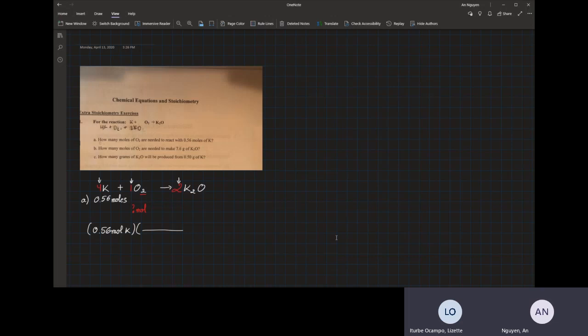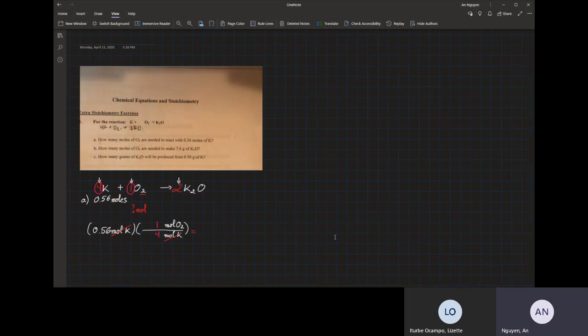And then we would do the conversion. We want moles of oxygen, O2, so we would have moles of O2 on top. We want to cancel moles of K, so we have moles of K on the bottom. And then if you look at the balanced equation, we can see that we need 1 O2 for every 4 K. So it is going to be 1 mole O2 and 4 moles of K. And then we can see that moles of K is canceled.